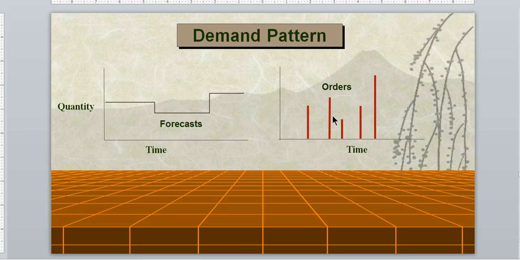Okay, also recognize that we have different demand patterns. Forecasts, whether it be weeks or months, are generally just thought of as flat demand over that period of time. So if this is week, this would be week 1, week 2, week 3, or if this was month, this is month 1, month 2, month 3.